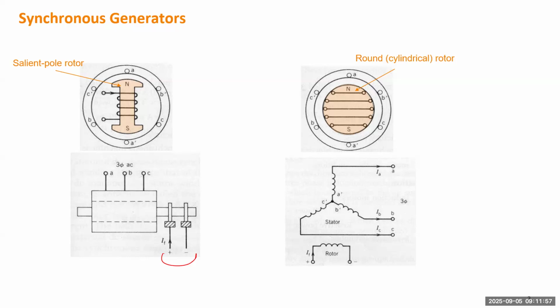Under static conditions, the magnetic field can be constant, but under some transient conditions, you can add control to this field current to influence the magnetic field, which is called the exciter. When you take a 422, it will cover more about the modeling of the excitation control that influences this field current to make the magnetic field stronger or weaker.